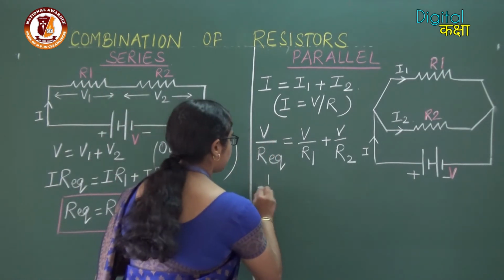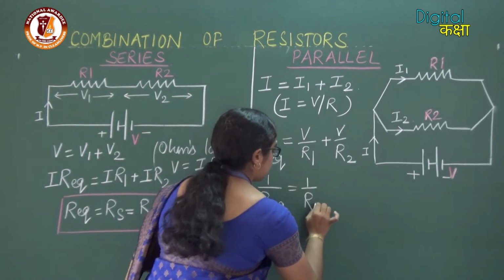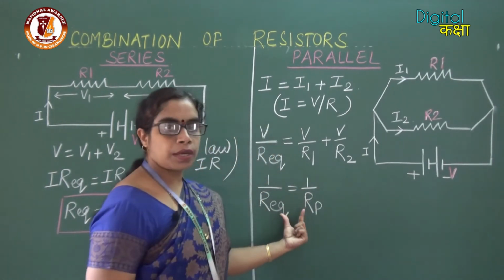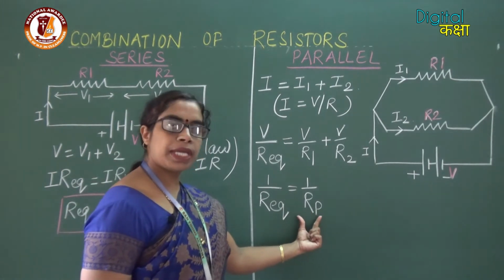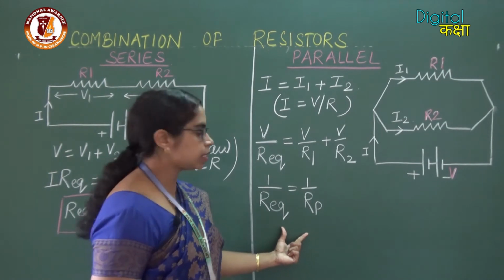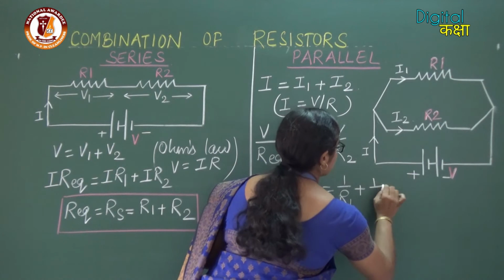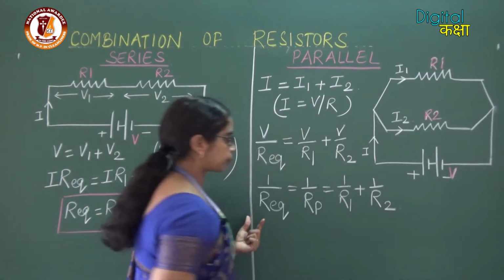So ultimately we are left with 1 upon Req, or it can also be written as 1 upon Rp, where the subscript P indicates the parallel combination's resistance, is equal to 1 upon R1 plus 1 upon R2.